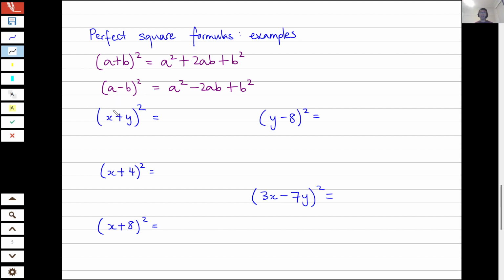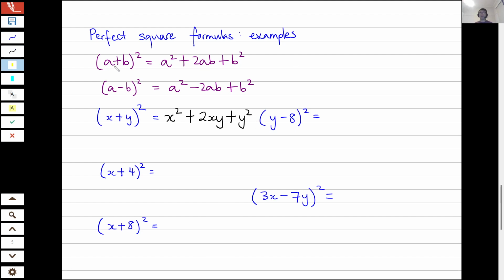Well, you should see here I've replaced a with x, and I've replaced b with y. Sorry, I'm using this formula up here. So I'm replacing a with x and b with y. So I'm going to have x squared plus 2xy plus y squared.